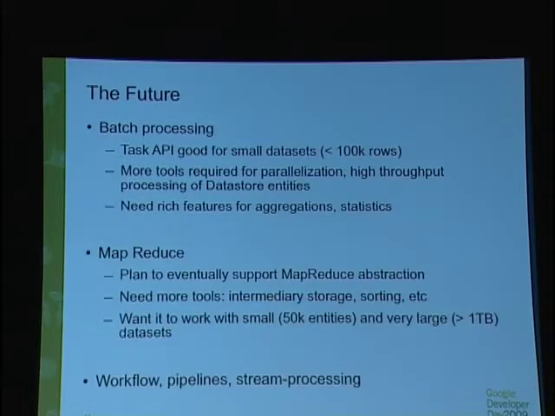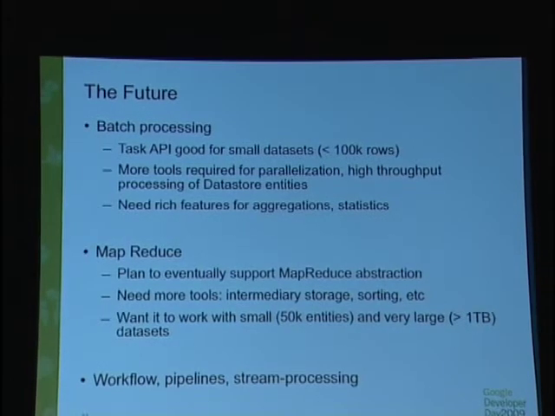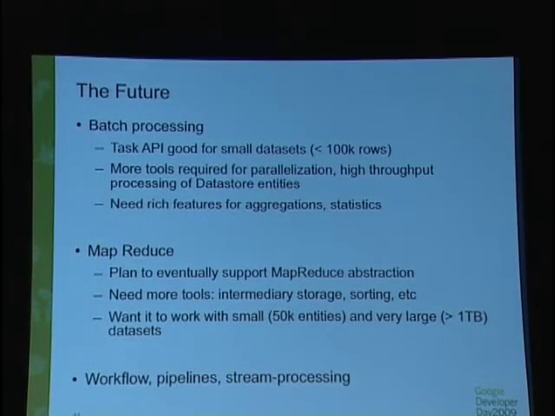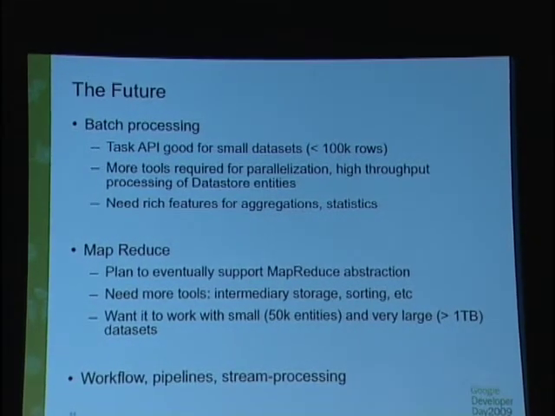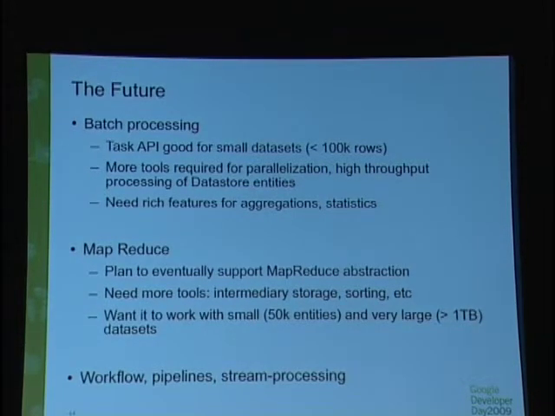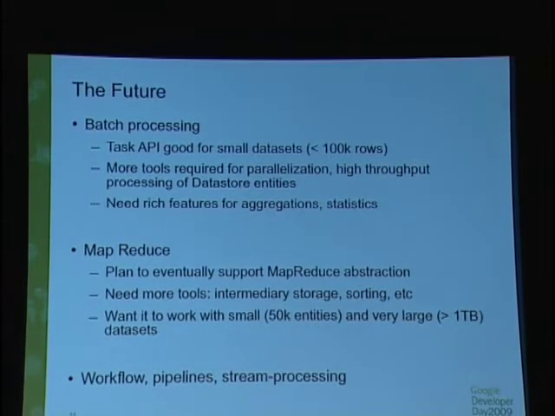So for batch processing, for now the task API is really good for small data sets, something around 100,000 rows. It's great. But we really need more tools for parallelization and high throughput and processing datastore entities en masse. We need better features for aggregation and statistics and logging and monitoring and on and on to really get up to mega data sizes. And so eventually we'd like to support a MapReduce-like abstraction.